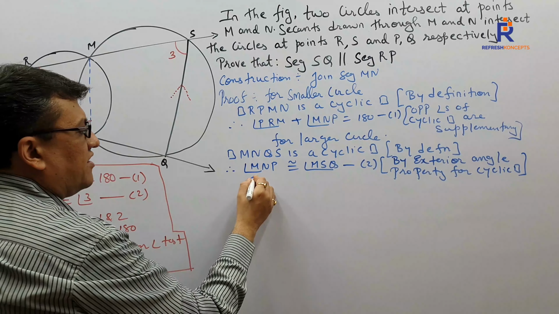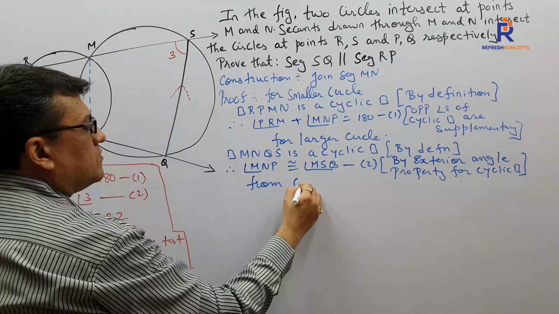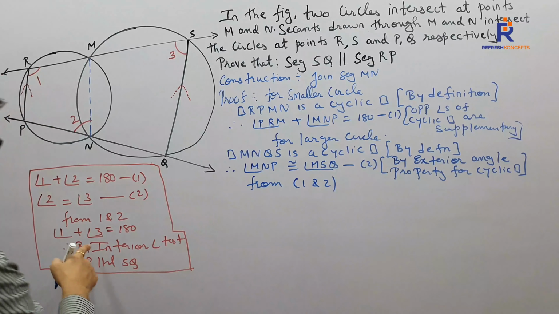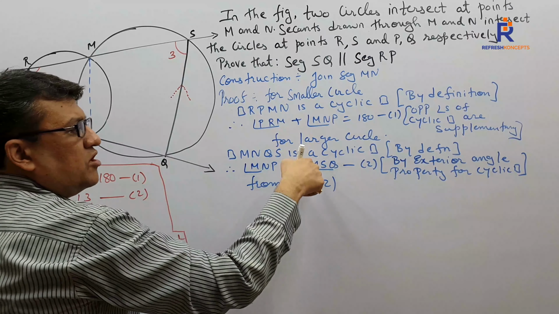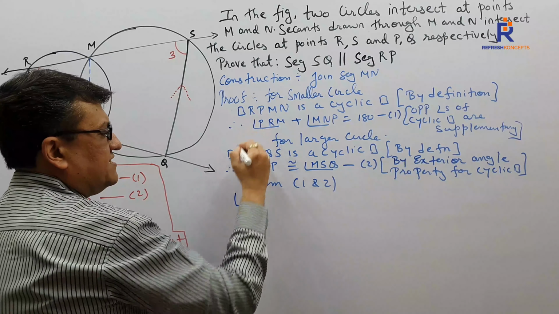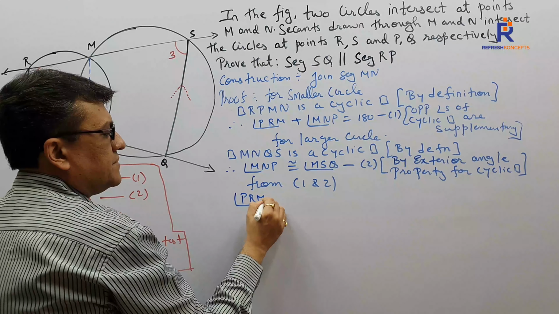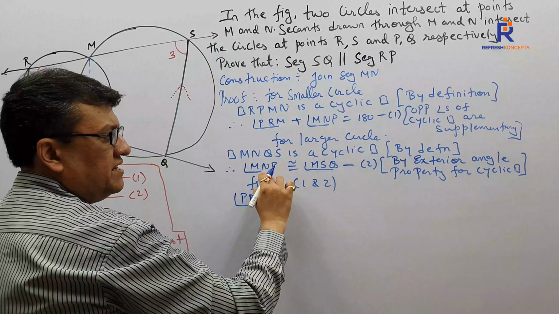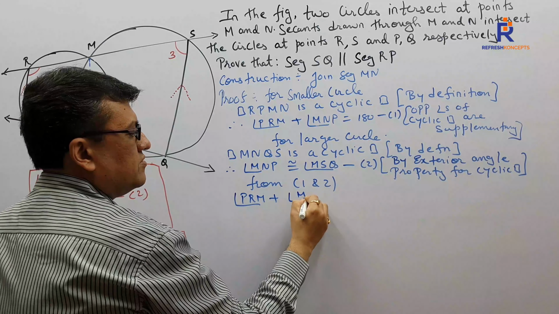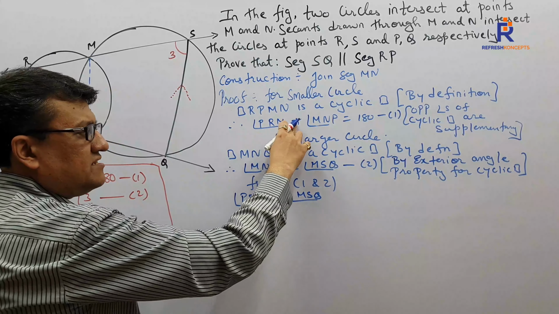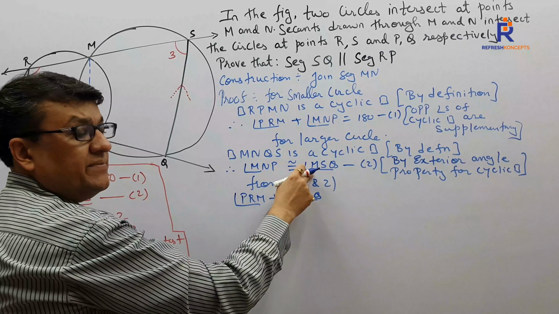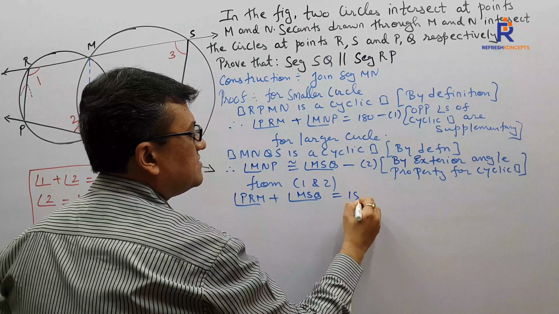So what can I say? From 1 and 2, MNP is congruent to MSQ. So can I say as it is PRM plus instead of MNP, MSQ is 180?